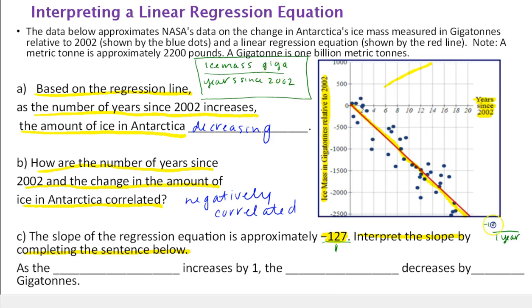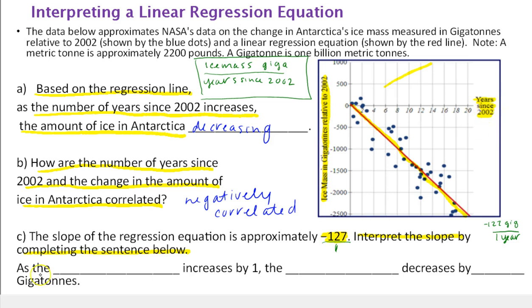So negative 127 gigatons per 1 year since 2002. So remember, the slope tells you how the vertical variable changes with respect to 1 unit of the horizontal variable.